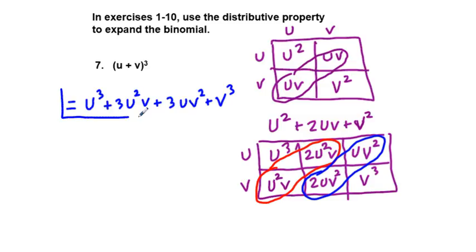And that's going to be our binomial expansion to the 3rd power.